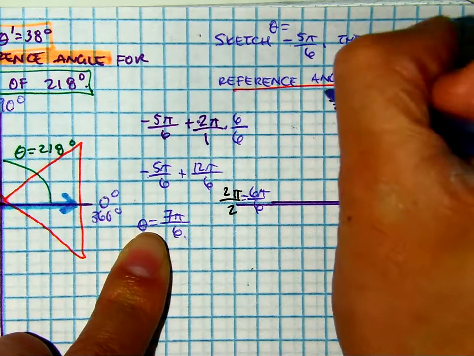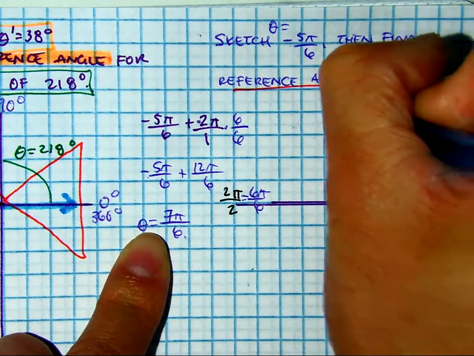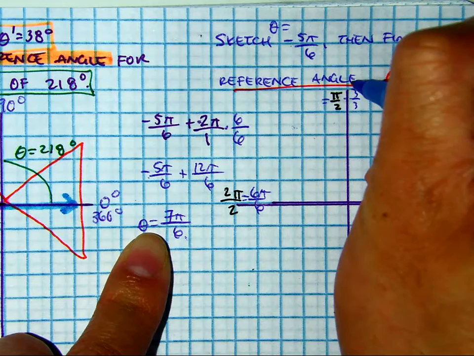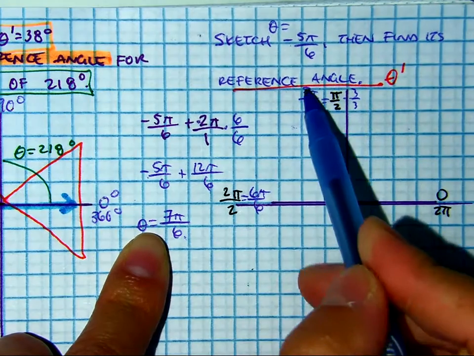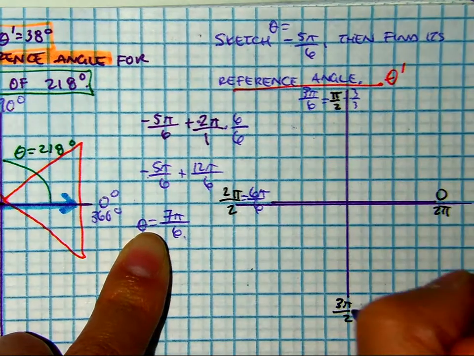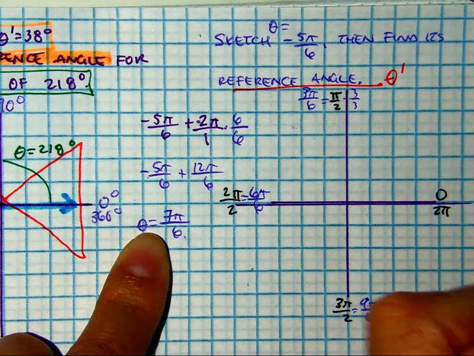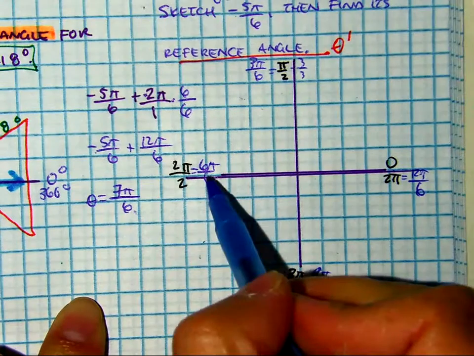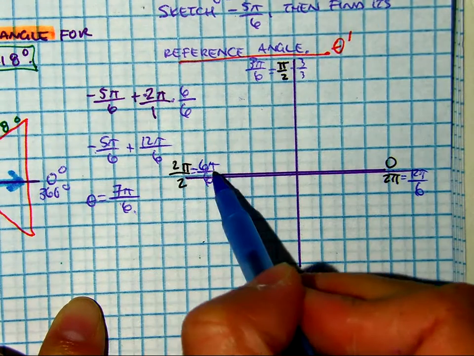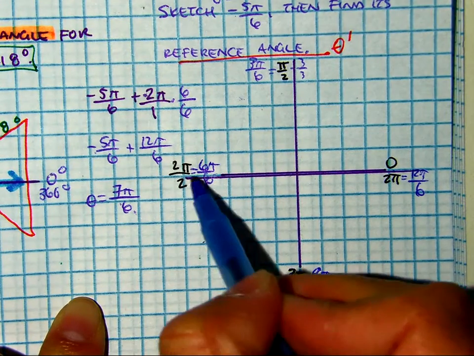If you multiply it by 3 over 3, you're going to get 3 pi over 6. So you have 0 pi, 3 pi over 6, 6 pi over 6, 9 pi over 6, 12 pi over 6. Aren't our fractions amazing? So that means that 7 pi over 6 is just a little bit past our quadrantal angle.